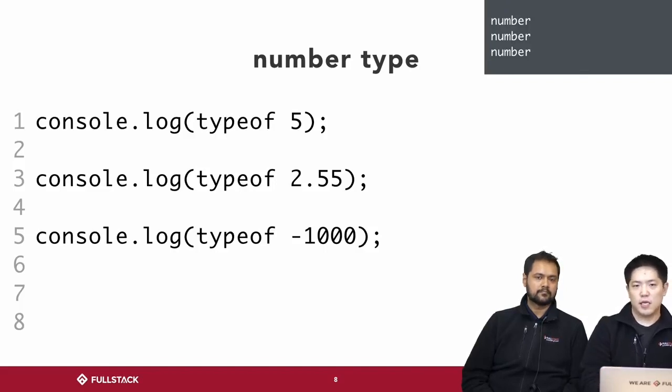For example, in Java or in C, they would consider 5 an integer type and 2.55 a floating point type. I won't get into too many details about floating points versus integers, but basically understand that floating points can support decimals, things after the decimal. In JavaScript, however, each of these three is considered a number. JavaScript doesn't have the idea of ints and floats, it only has the idea of a number.